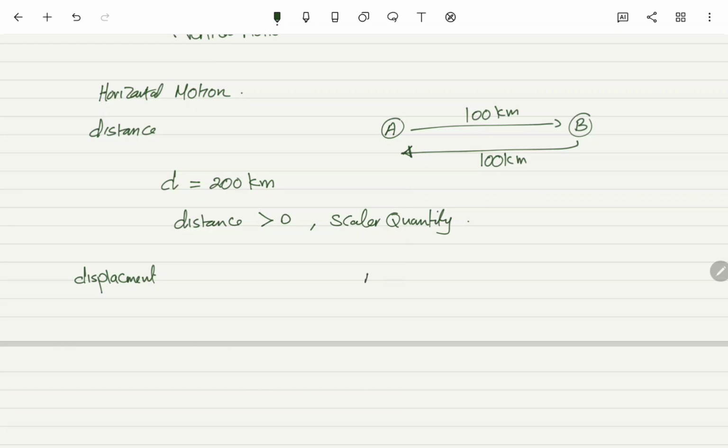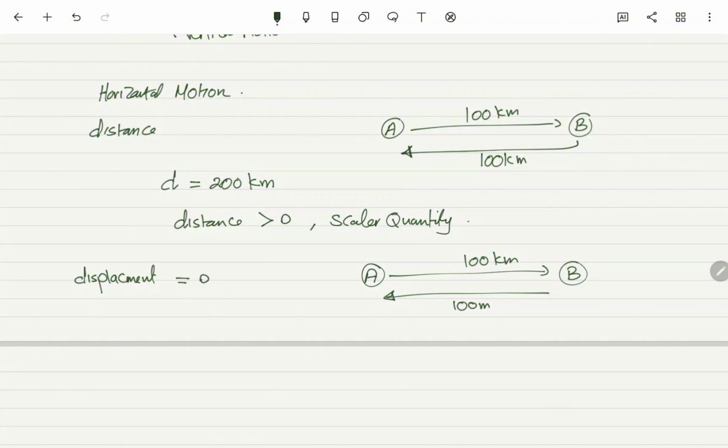So if you drive your car, same example, from city A to city B, 100 kilometers, and you go back another 100 kilometers, the displacement is equal to the shift from your original position. Your original position is A, and you end up at A. So displacement in this case is equal to 0.